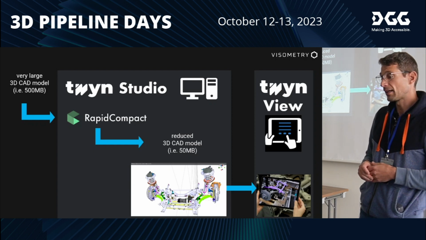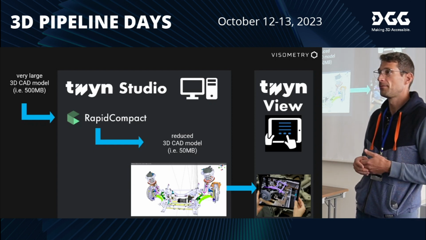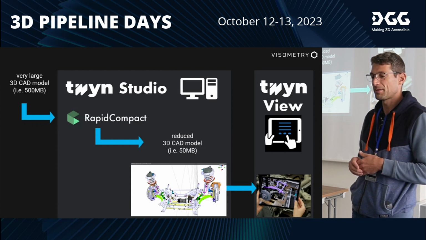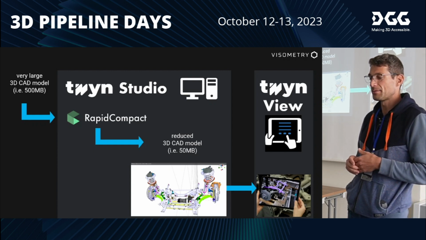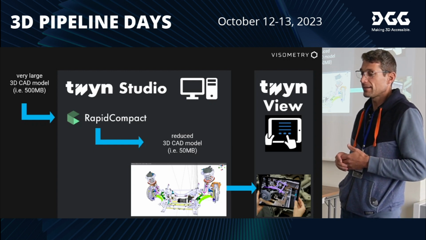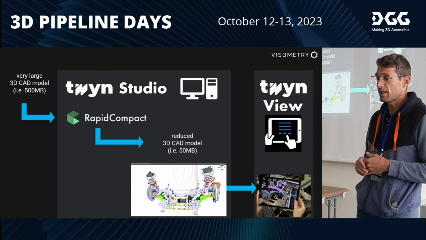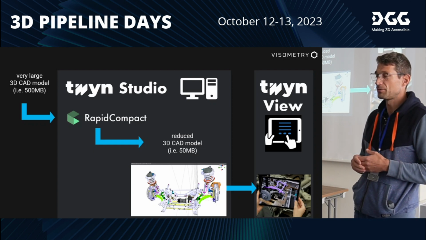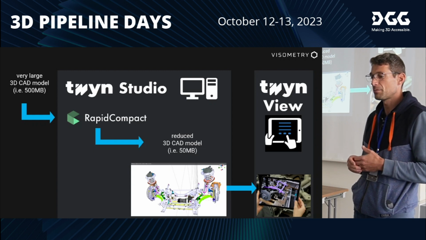It's a very easy process, so the user doesn't really feel that there's lots of reduction happening inside our system; much of this happens under the hood. But there are still some advanced features: you can select a couple of parts which shall be reduced more or reduced less.